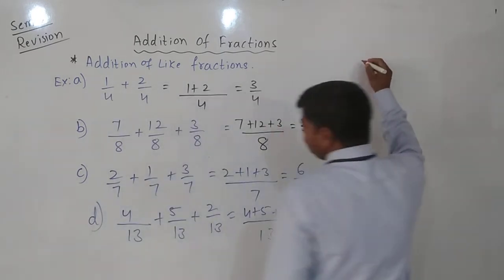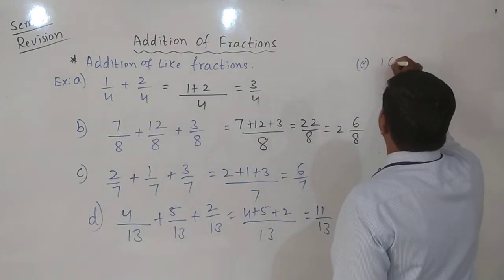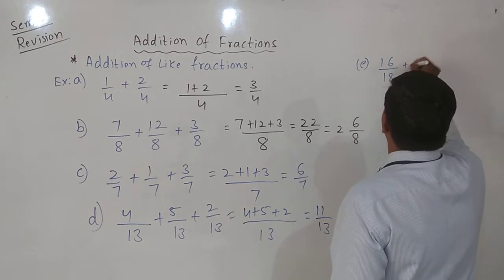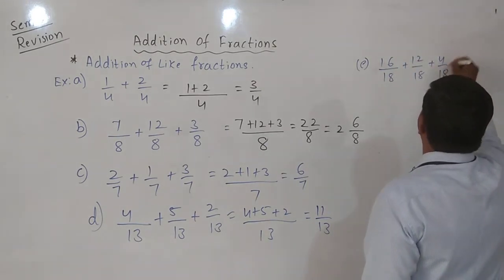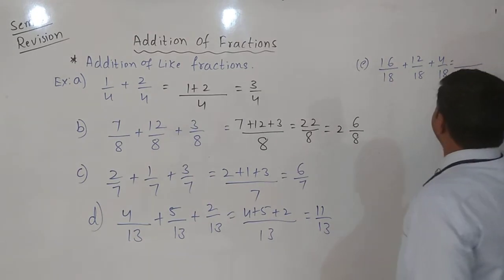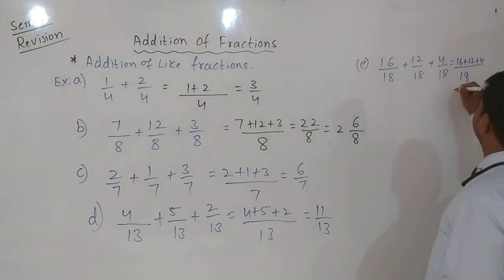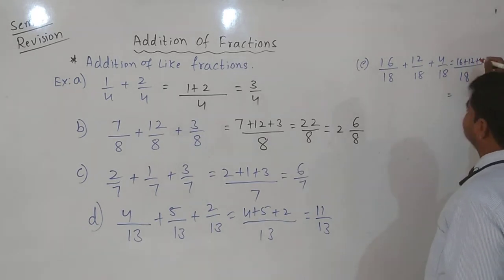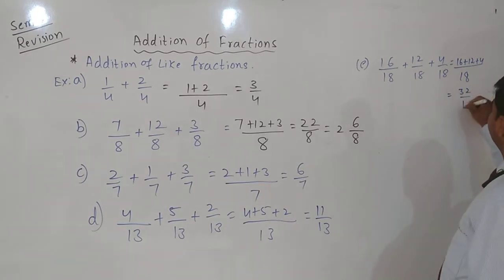16 by 18, 12 by 18, 4 by 18. In this case 18 is the common denominator, 16 plus 12 plus 4. Here 16 plus 12 is 28, plus 4, 32 by 18.